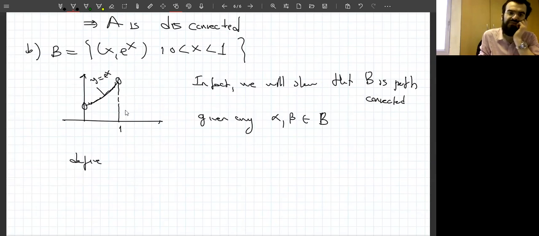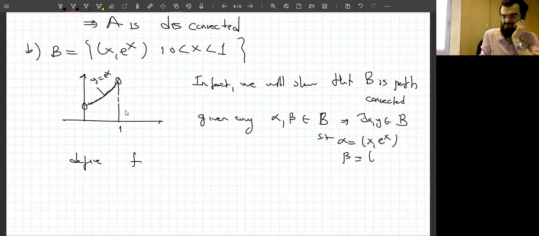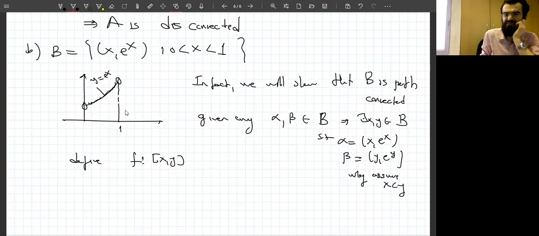Clearly this implies there exist x, y in R such that alpha equals (x, e to the x) and beta equals (y, e to the y). Write our function. Without loss of generality, assume x is less than y.